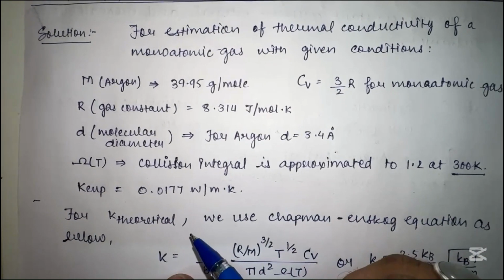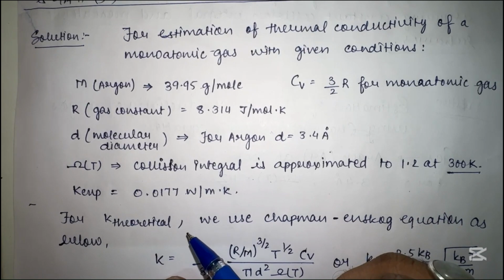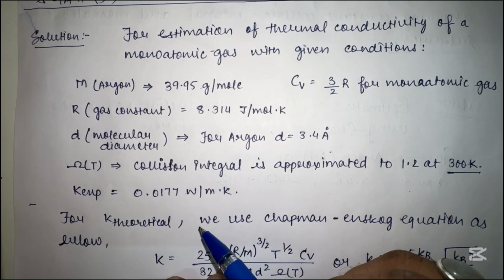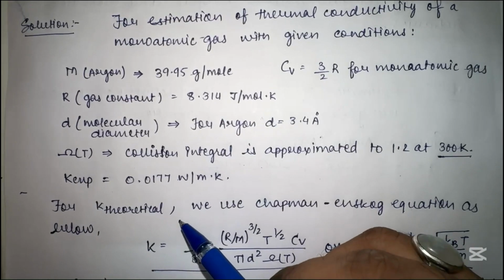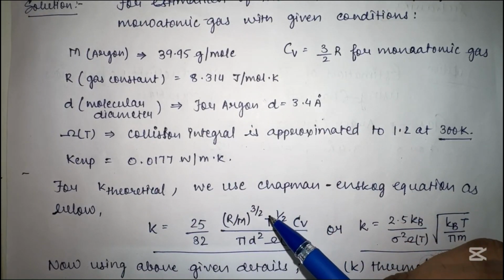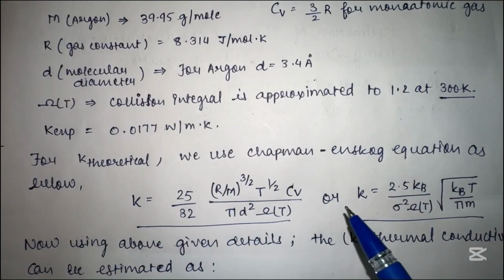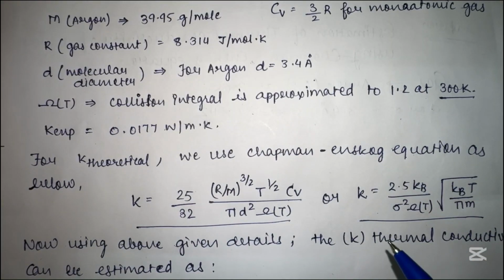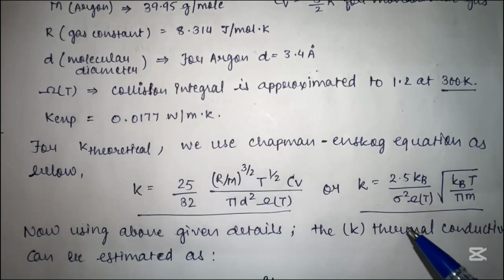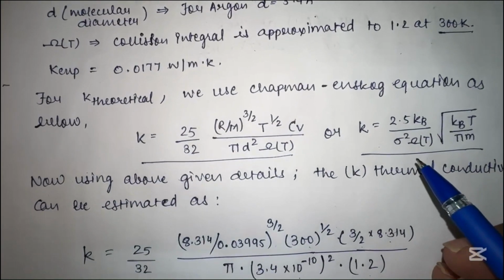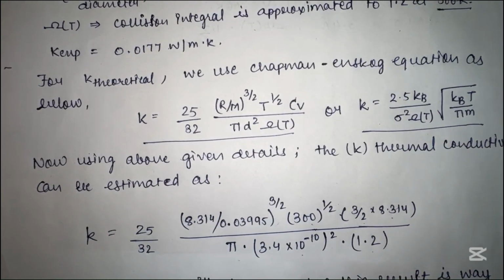Now the experimental value obtained for argon gas at 300 Kelvin is 0.0177 watt per meter Kelvin, and we will calculate here the K theoretical, that is theoretical conductivity, using the Chapman-Enskog equation. Here two types of equation can be given, and using the first equation we may calculate the results as follows.